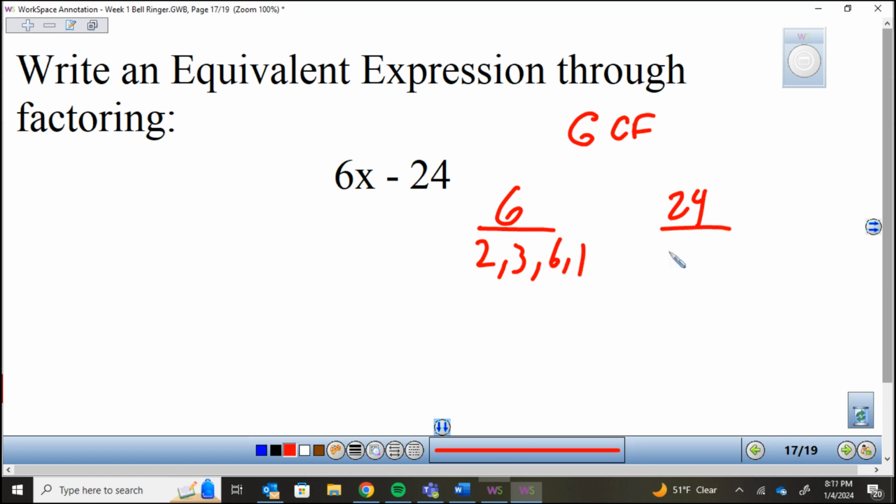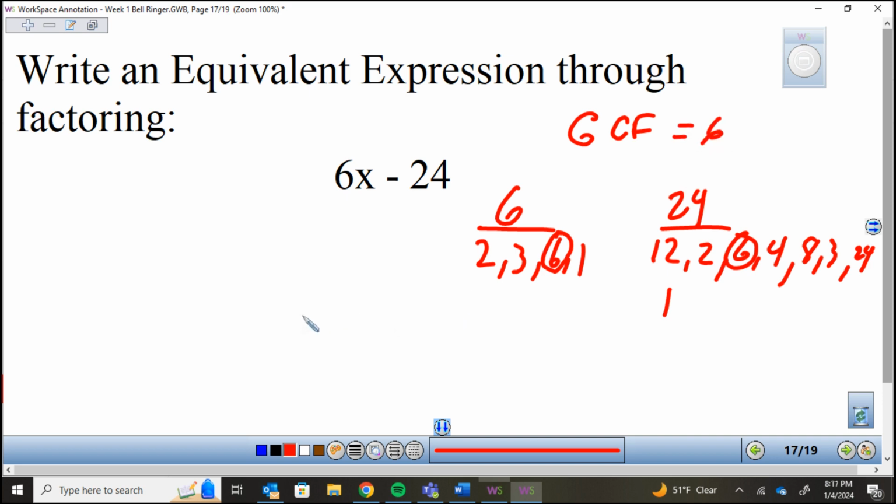For 24, we have 12 and 2, 6 and 4, and 8 and 3. If we look at the greatest common factor, we have 6 in both terms. So the greatest common factor is going to be 6.